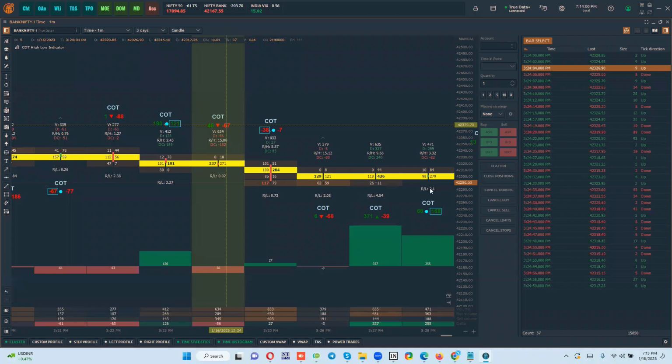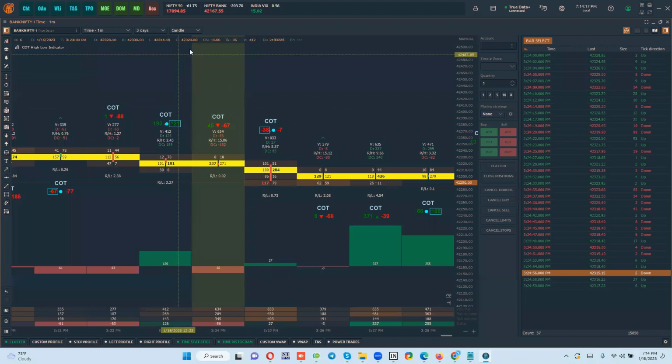Similarly, we also want to look at what is the delta from the low of that particular candle. The low was made near the close of the bar, probably at 324.56. The low value was 42,315.10 at this particular point.